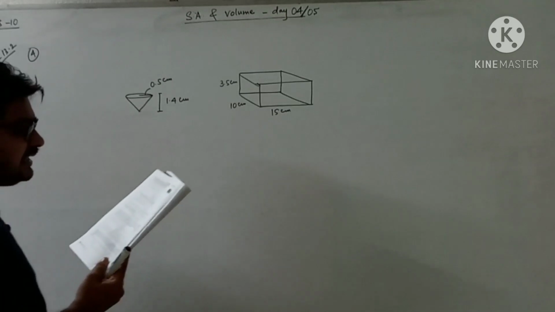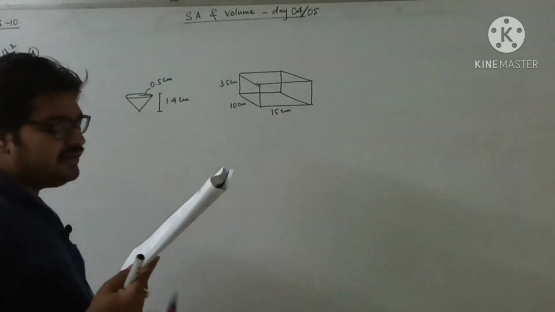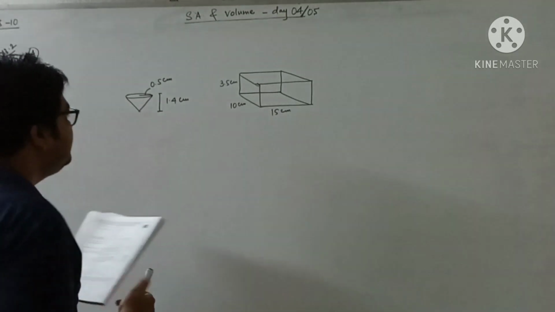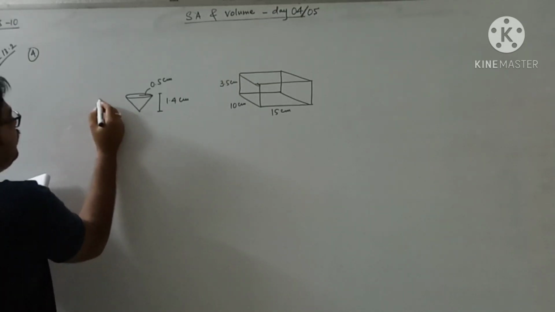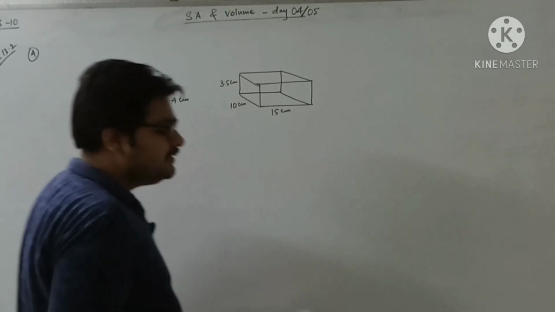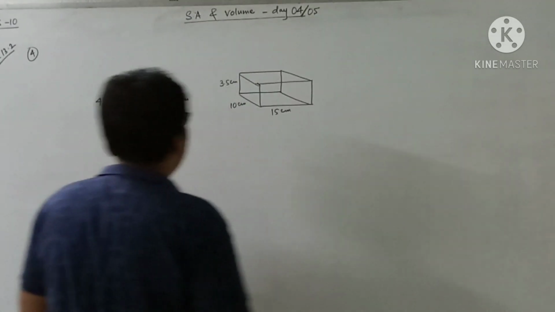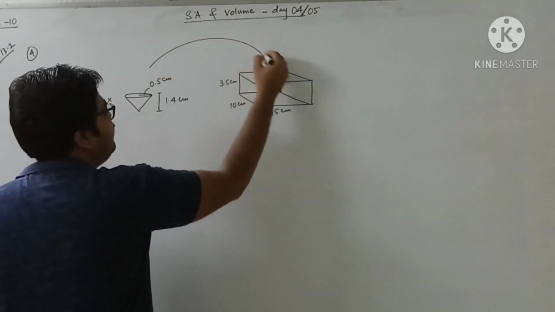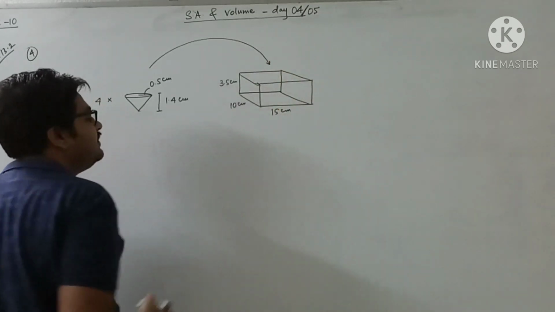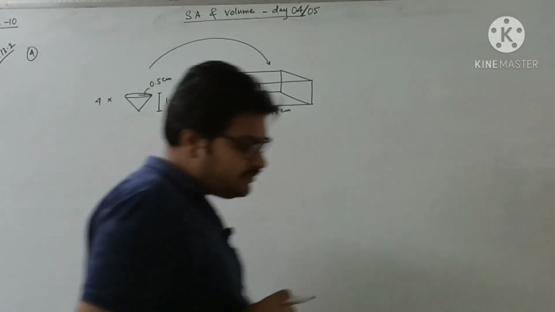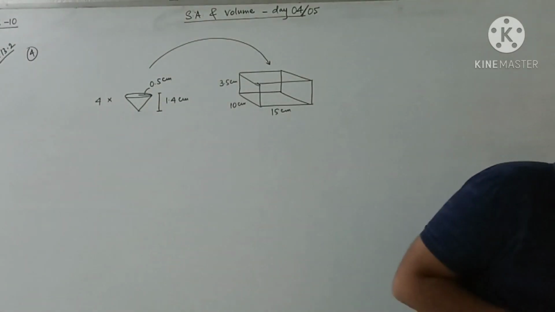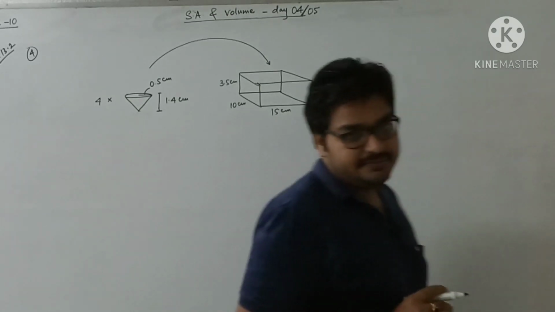Question is how many conical depressions are there to hold the pens? Given in the question, 4 conical depressions are there. So 4 into this one. So in this cuboid, there are these 4 conical depressions. Now the question is to find the volume of the entire stand.